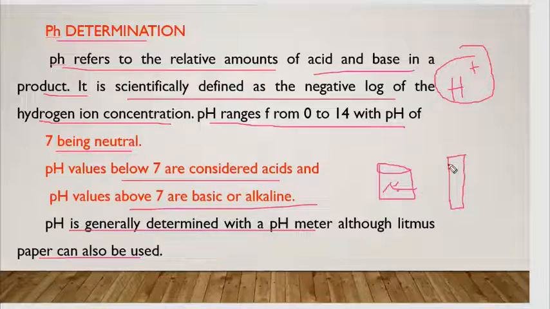There is also an indicator chart with different colors corresponding to different acidity or alkalinity. According to that, it will show the color on the litmus paper. So this was with respect to the pH test.